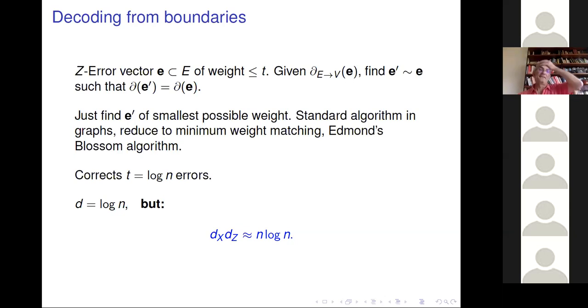Now, this is the weak point of this complex. It can correct Z errors somewhat, but not many of them.